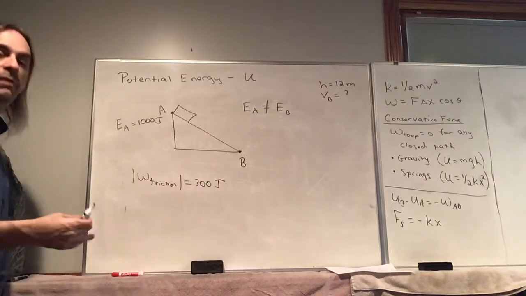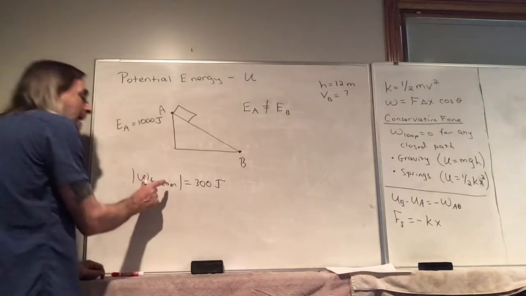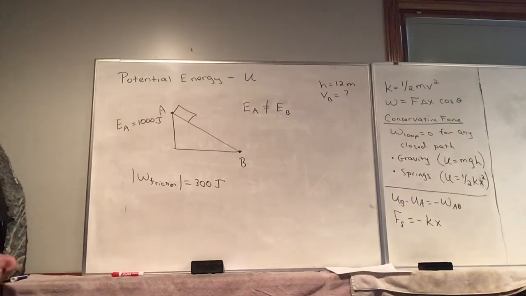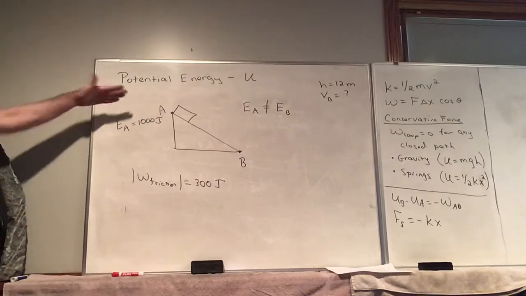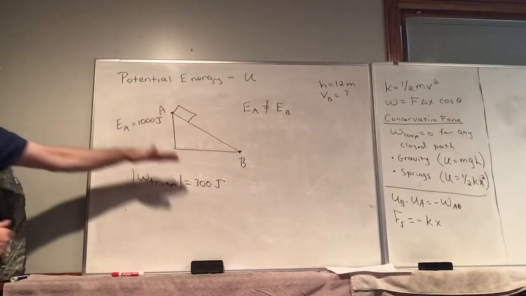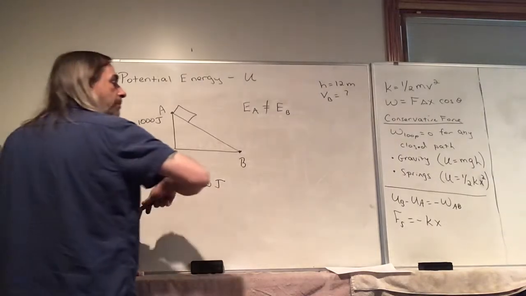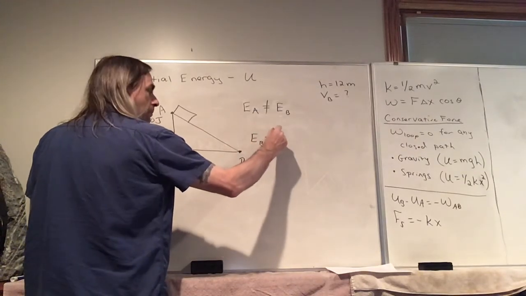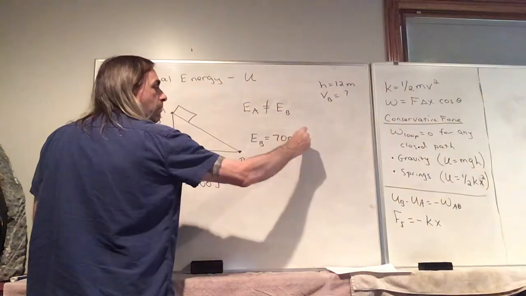Now we know that the work done by friction is negative, so just the magnitude is 300 joules. And so the question is, how much energy do we have at B? Well, if we started with 1,000 and we lost 300, then we know the energy at B is 700 joules.